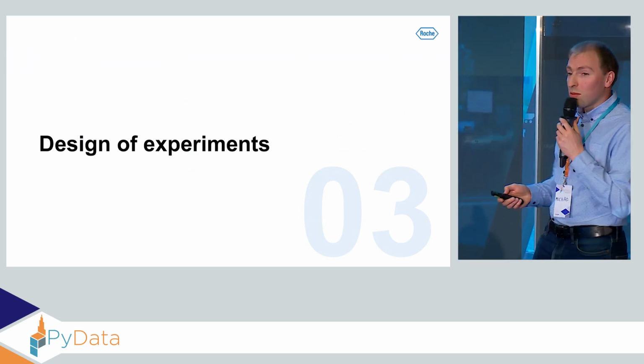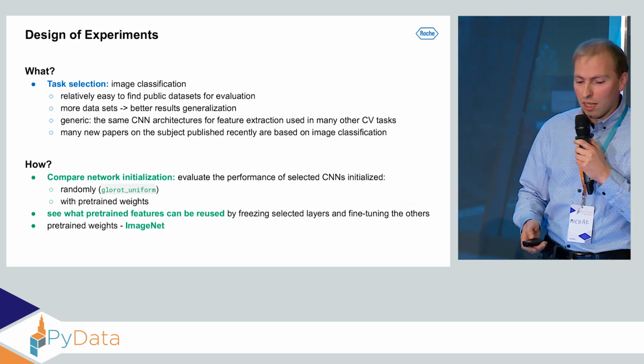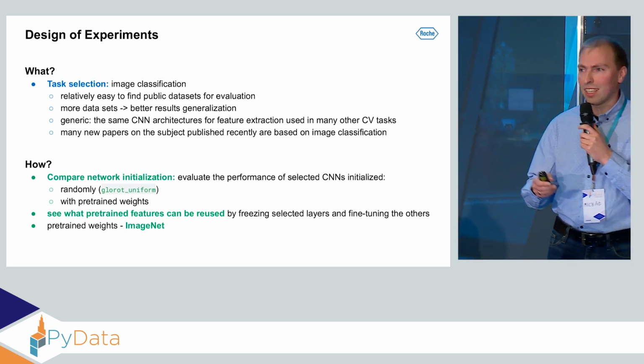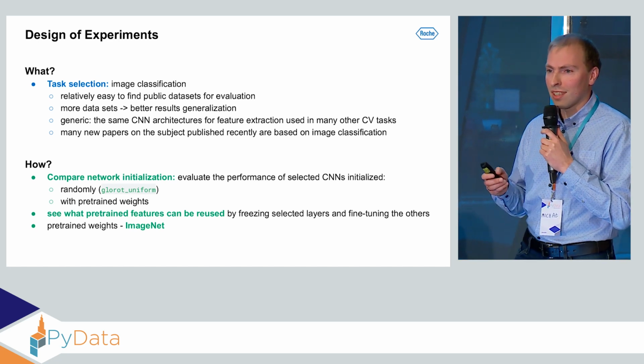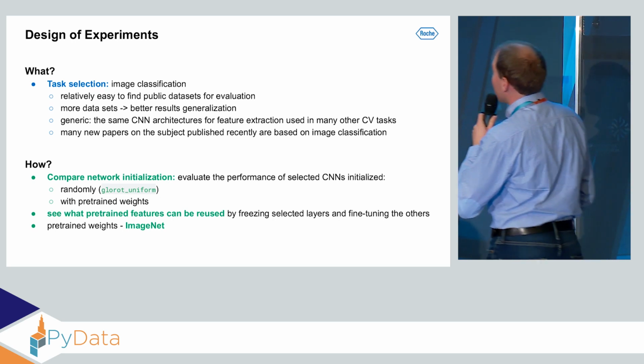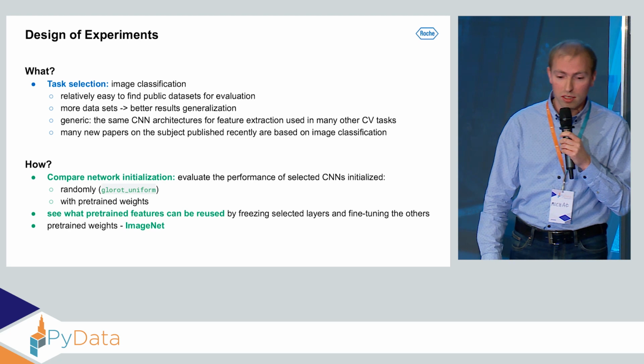Right. In order to find out, we've designed a few experiments. Before we start though, we need to first select a task. So what task are we going to solve? Quite frankly, we went for the most straightforward image classification for several reasons.